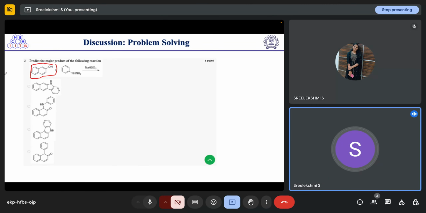Then if the ketone hydroxyl group was here, here double bond will come and NH, and here again phenyl ring will be there. So this species will be formed first.